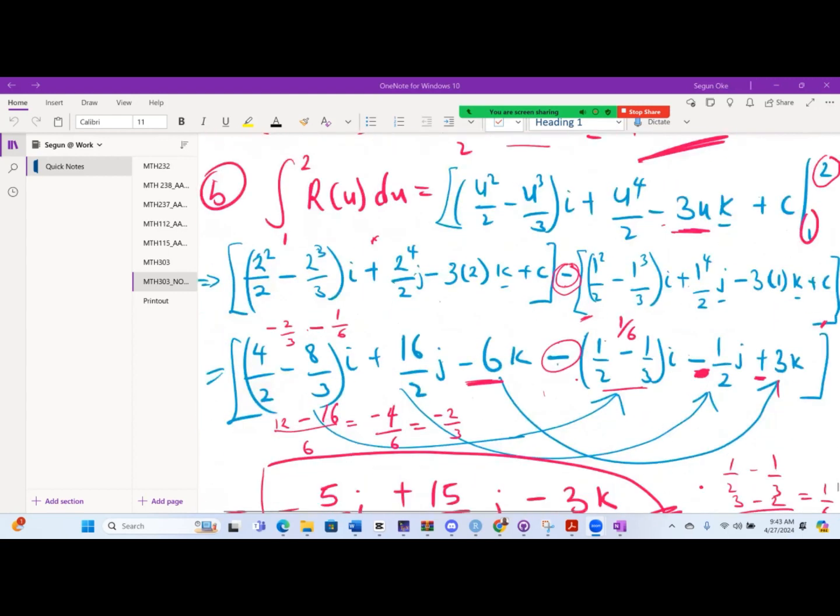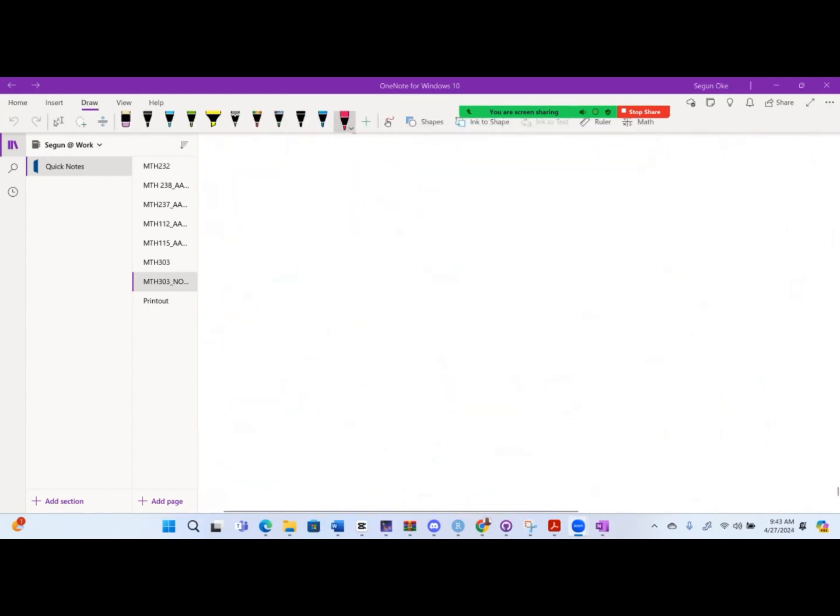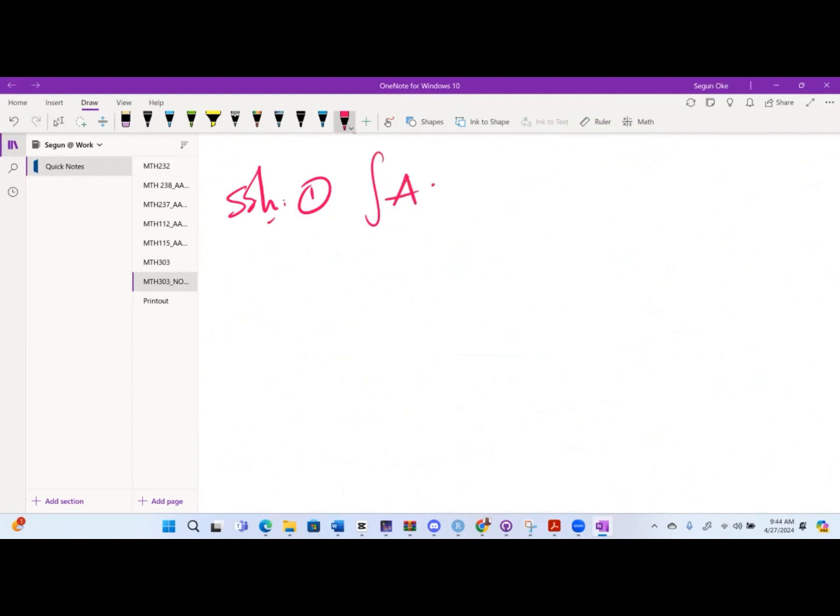So when you have this, solution one says, if you look at this question critically, the question says we should solve A dot dr. For A dot dr, I believe we all have the question, or probably I should write the question first.